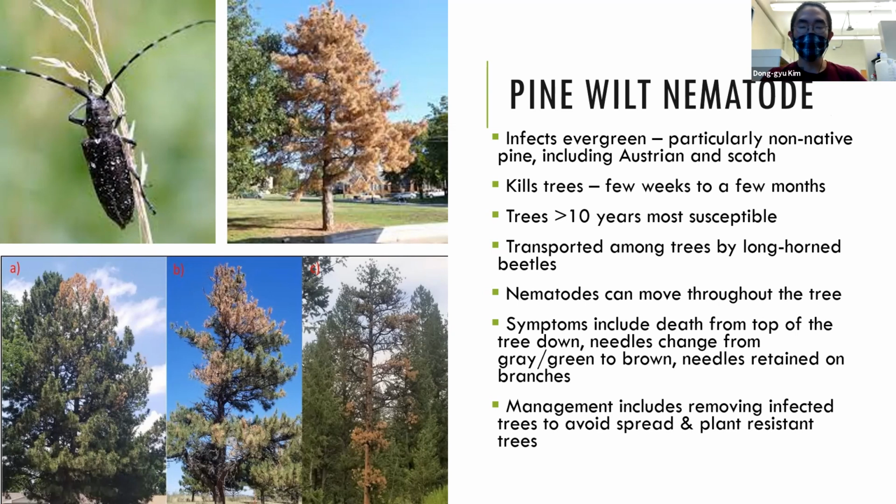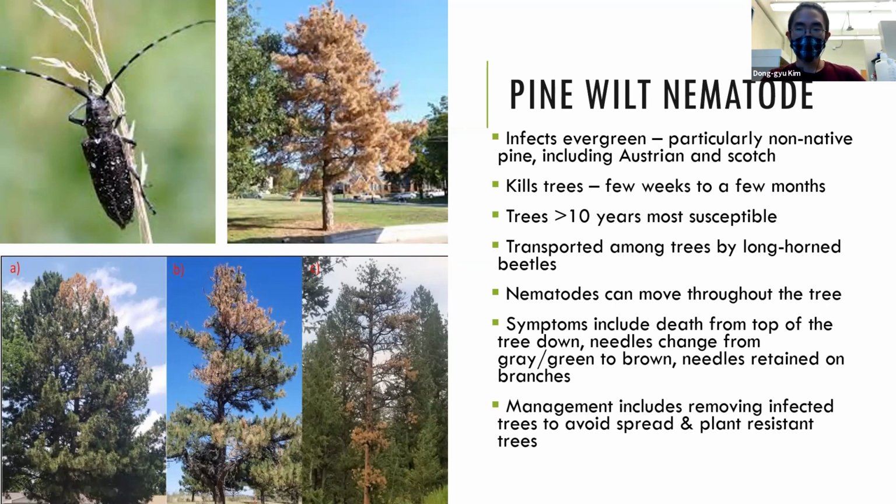In addition to being able to travel up the tree, the nematode is also transported between trees by the longhorned beetles. So this is one example of a nematode who largely depends on a vector insect.